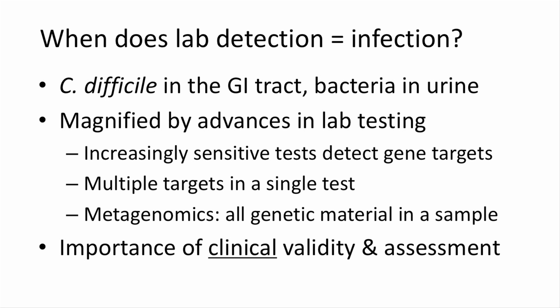And I'm here to tell you that as diagnostics advance, this problem is going to be magnified because we're going to have increasingly sensitive tests that are going to be detecting gene products, not viable organisms necessarily. There are going to be multiple targets in a single test. And metagenomics eventually is going to detect all the genetic material in a sample.